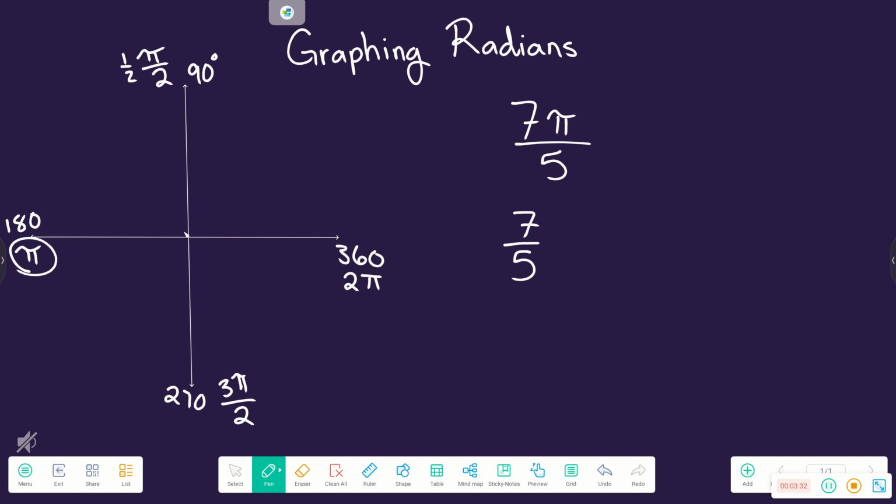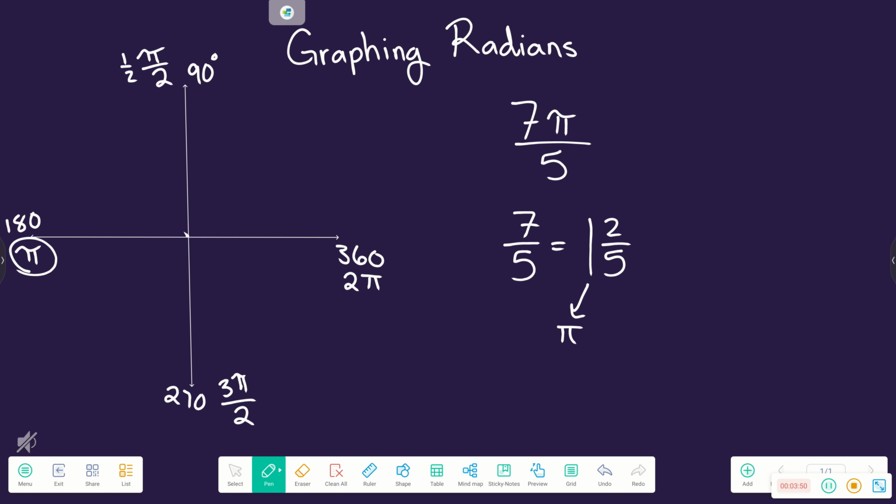Our numerator is bigger than the denominator, and I'm going to break it into a mixed fraction, which is 1 whole and 2/5. And if I'm thinking in terms of pi, that means I have an entire pi and then 2/5 of a pi. Now I'm going to look at my fractions again.